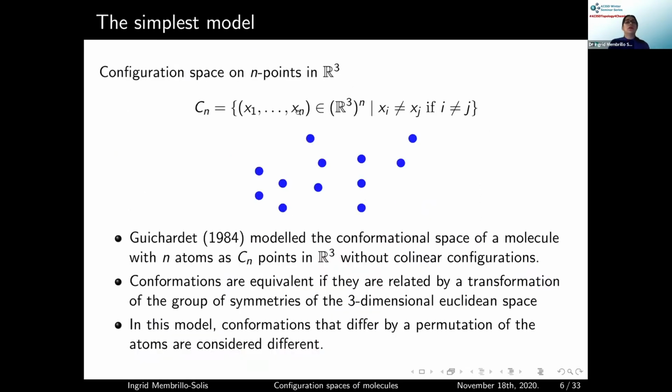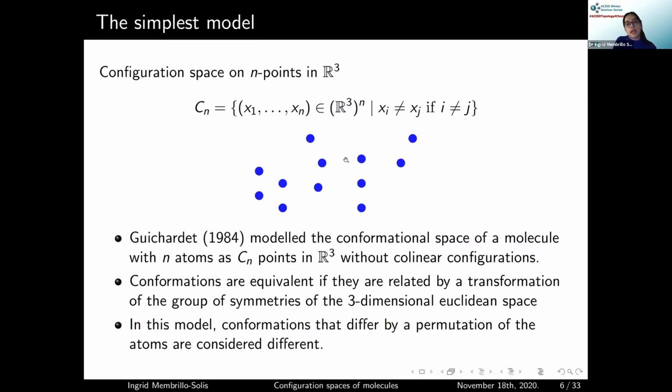Let me say a bit of the background now on conformational spaces. The simplest model that we can think of for a conformational space is the configuration space of n points in R3. This is the set of n-tuples in R3 to the n, satisfying the condition that x_i and x_j cannot be the same if i and j are different.